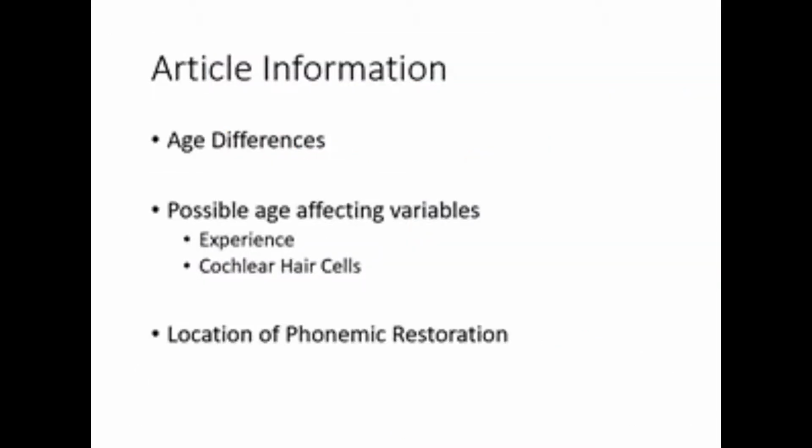Now to talk about some of the articles that I read, my first point is age differences. The study suggests that younger children have difficulties interpreting missing phonemes, being greatly affected by signal interruptions. So they need quiet environments because they don't have the skills necessary to use phonemic restoration. They cannot use phonemic restoration to the same degree as adults, but phonemic restoration was evident in all ages.